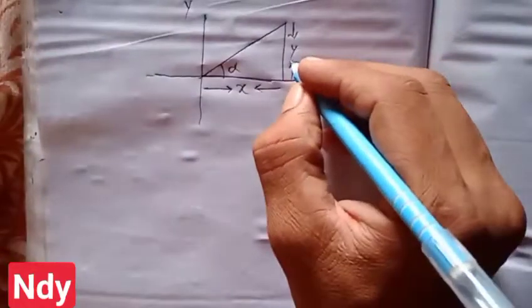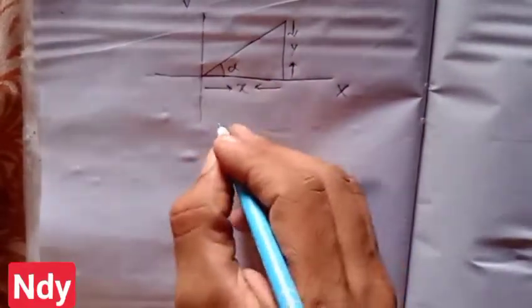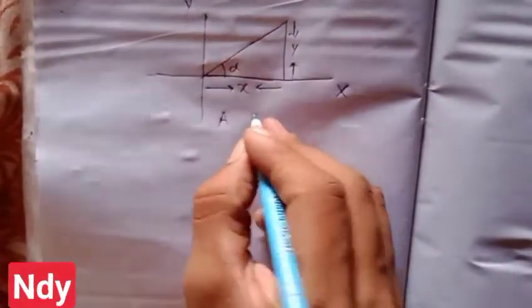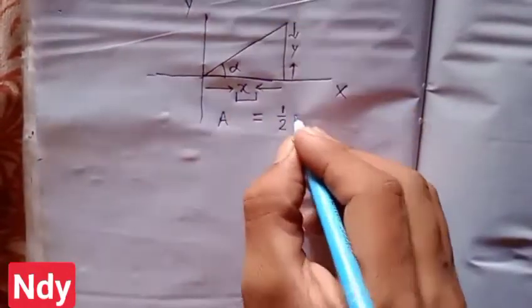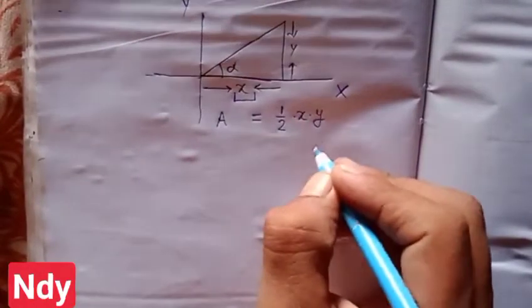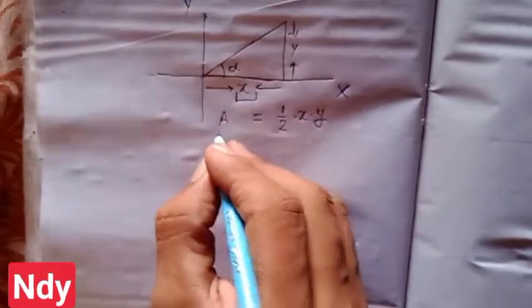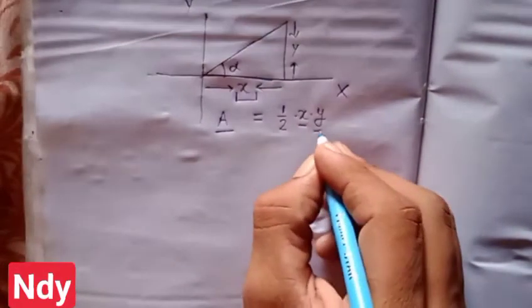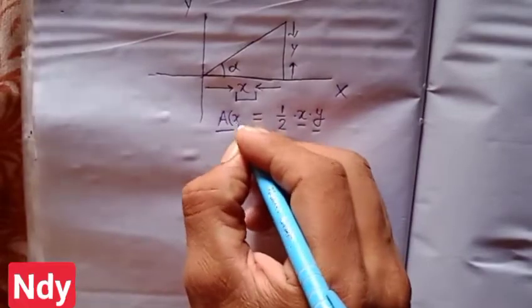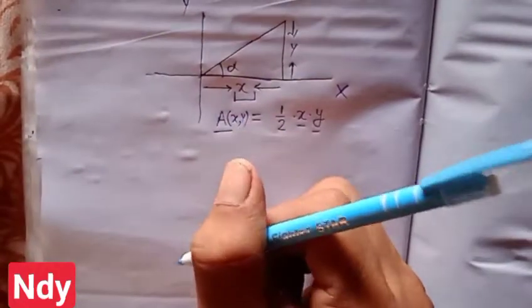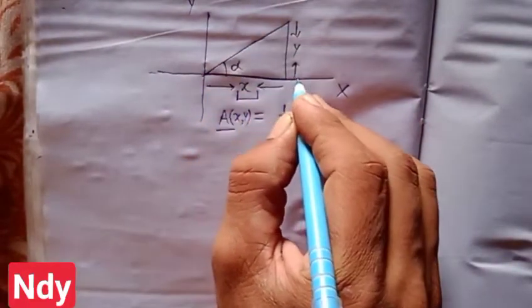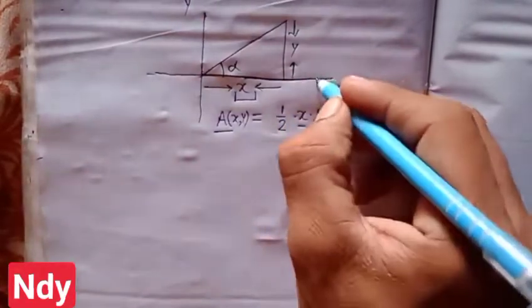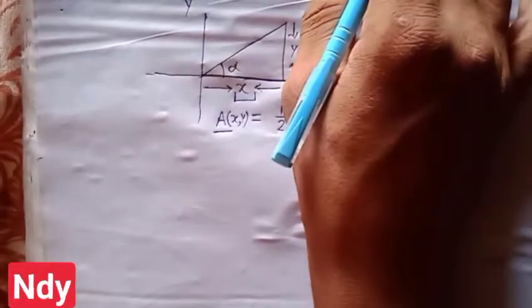Okay, so now consider the area of this triangle. So we know the area is 1 by 2 base into height, 1 by 2 x into y. So this area is a function of x and y. Now what can we do? We can take any arbitrary value of this x and any arbitrary value of this y, whatever we want.